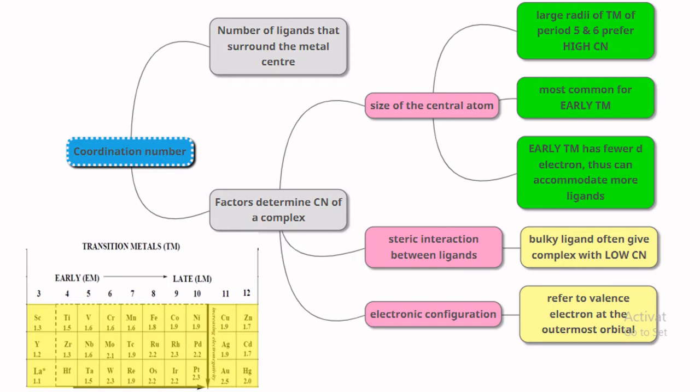The first factor is the size of the central atom. Normally, the large radii of transition metals of period 5 and 6 prefer high coordination number, meaning the central atom prefers to attach to more than 5 ligands at one time.